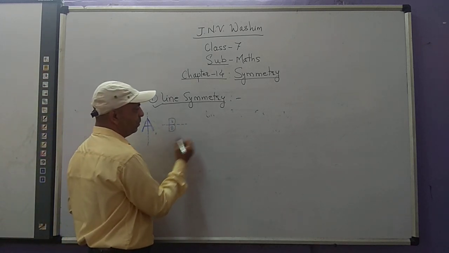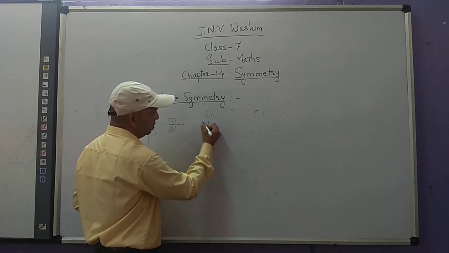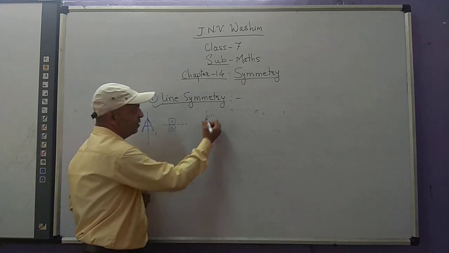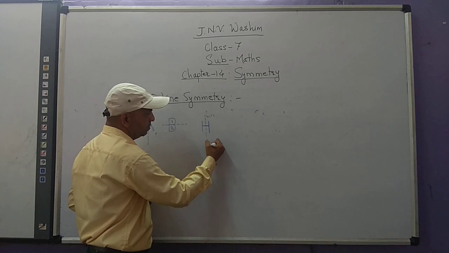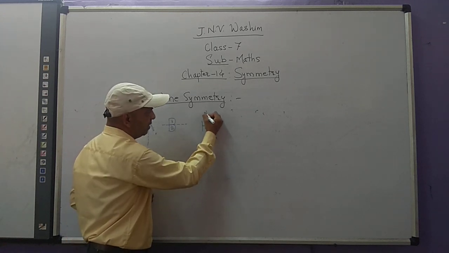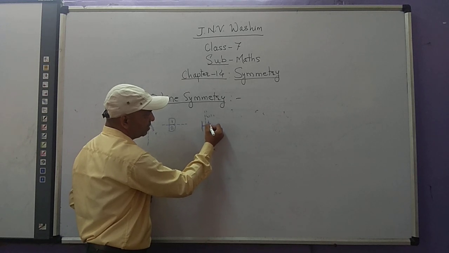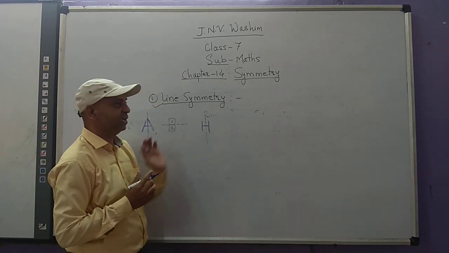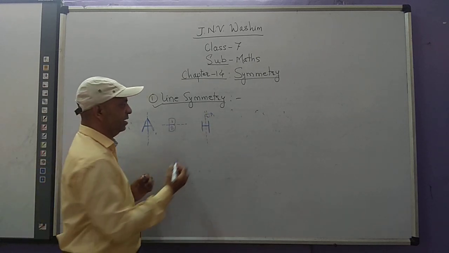Again we take one example. Suppose H. If I draw a vertical line in between the H, then these two parts of H coincide with each other, so H is symmetrical and the vertical line is a line of symmetry.